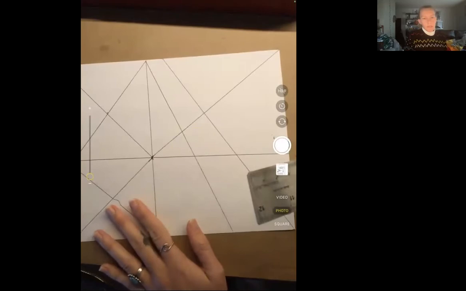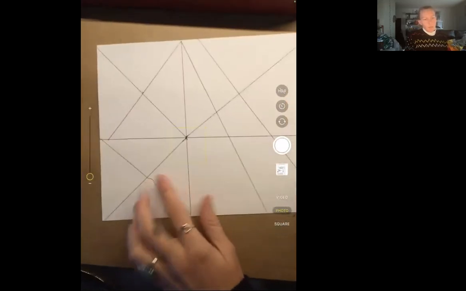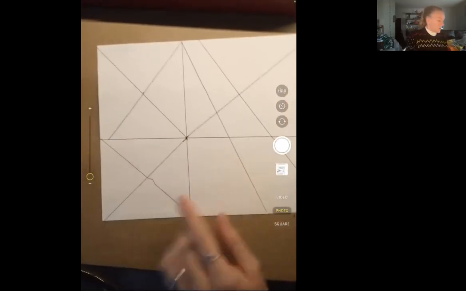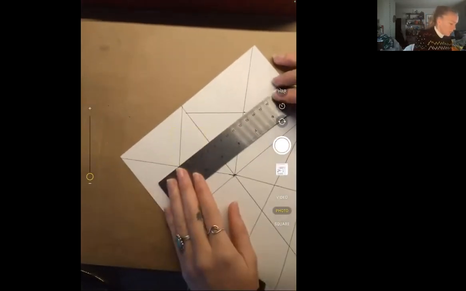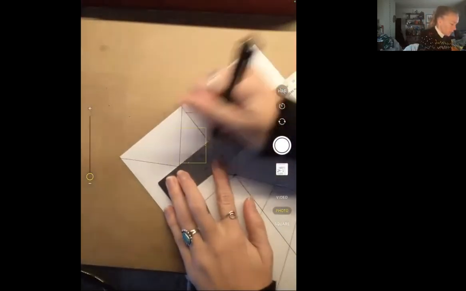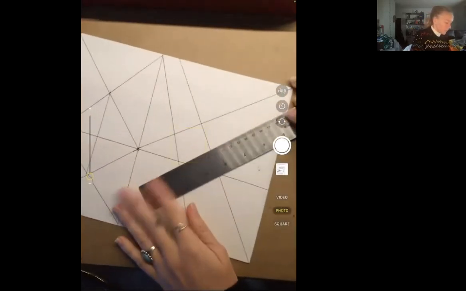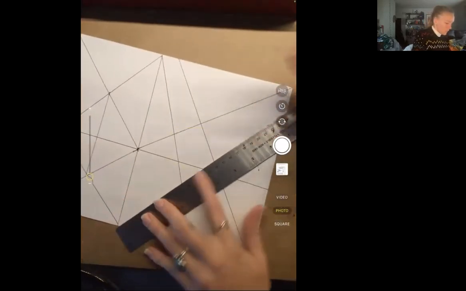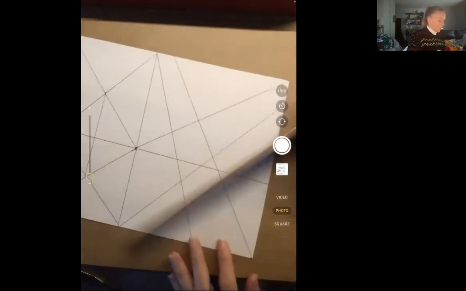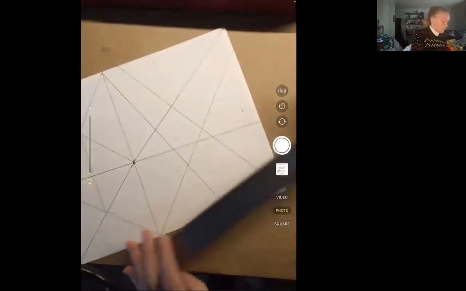Where should I make my next line? I made a good amount over here. Maybe I can make one more right in the middle here. It doesn't even need to be the length of your ruler. I'm going to make one right here. I'm having fun with it. I'm making some lines.